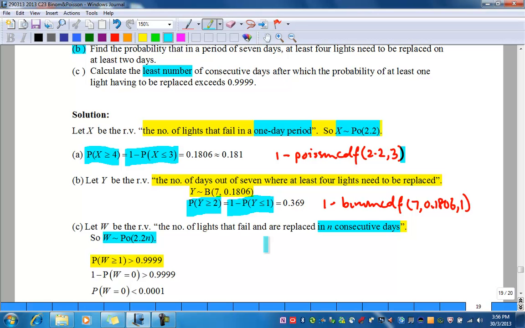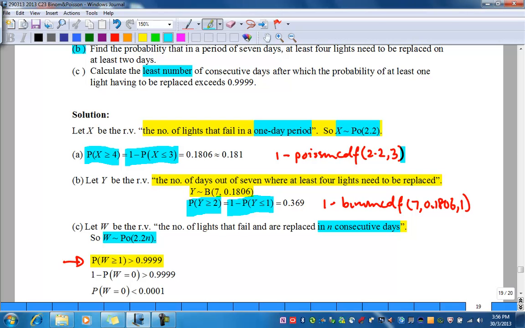The question is asking for the probability of at least one light having to be replaced exceeding 0.9999. It means probability of W more than or equal to 1 greater than 0.9999.